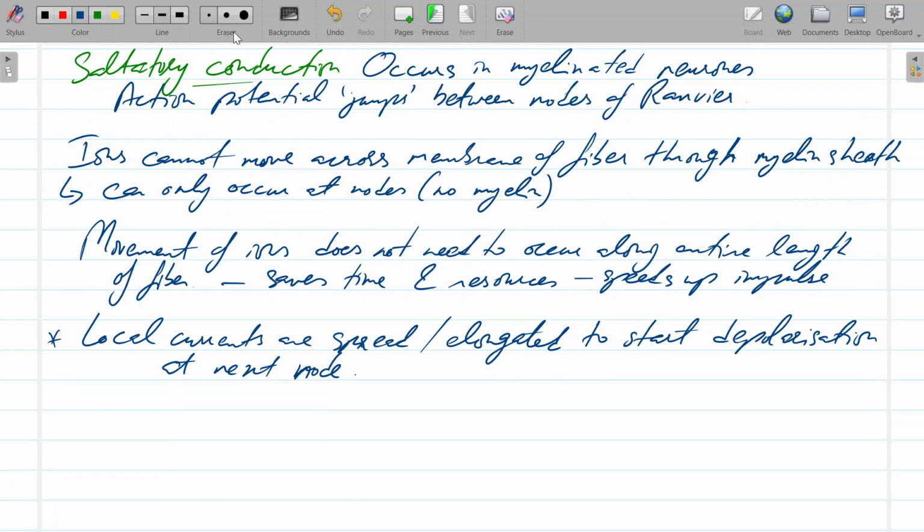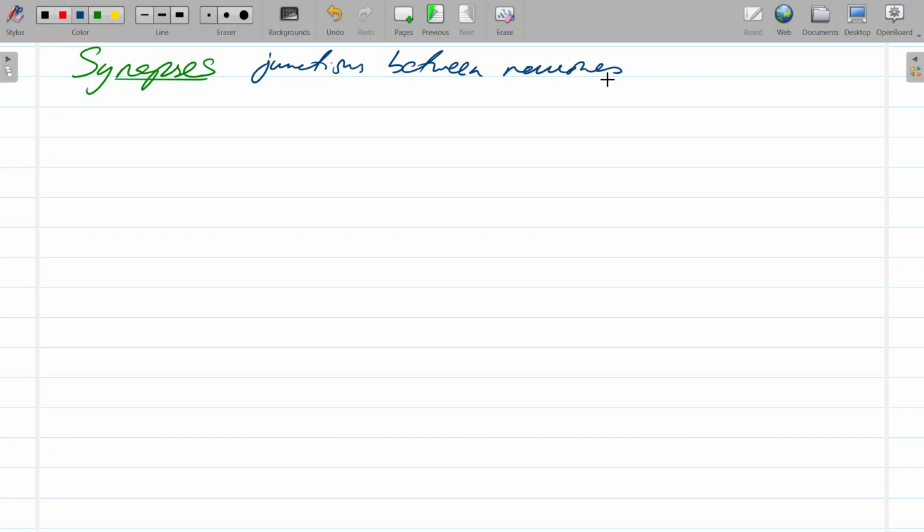are synapses. So I think I'll move to a new page for that. And these are junctions between neurons, right?